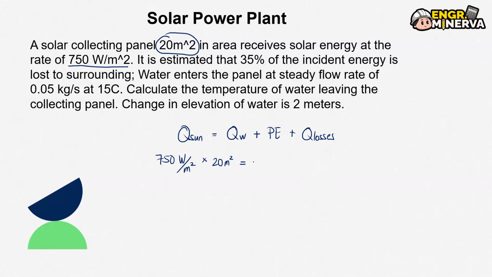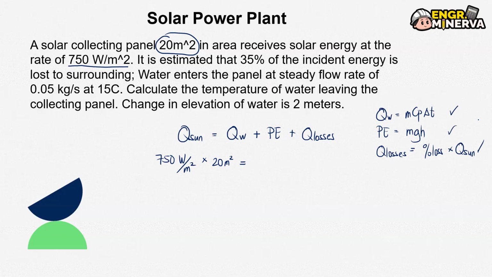So that would be m Cp delta T. Your potential energy would be mgh. And your Q losses would be percent loss multiplied to the Q of the sun. So those are your formulas.